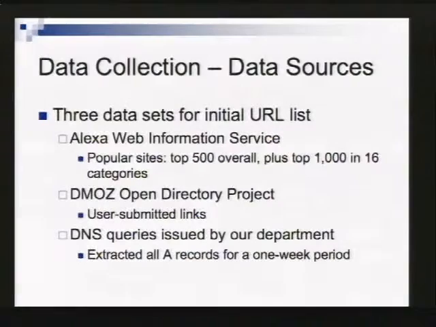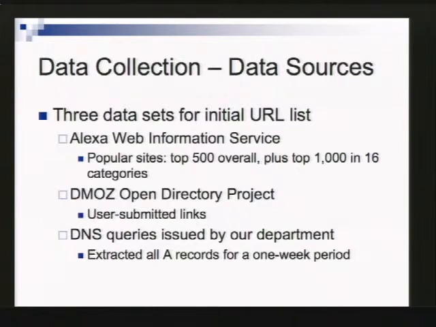Or Alexa has 16 different categories. You can say what are the 1,000 most popular pages in each category. So what we did was we looked at the top 500 popular pages on Alexa and the top 1,000 pages in each of the 16 categories that Alexa has. This is one data set that we used for the original list of URLs.